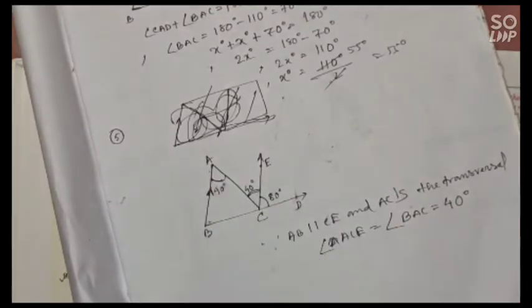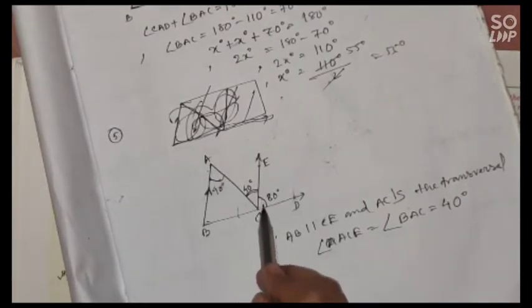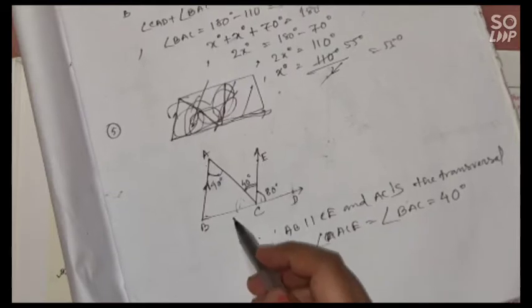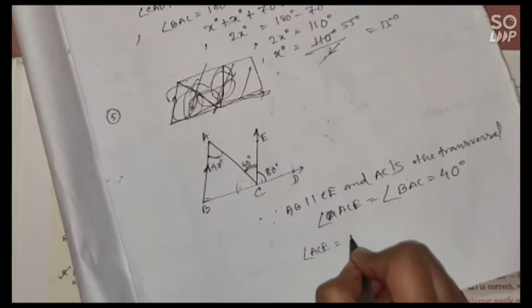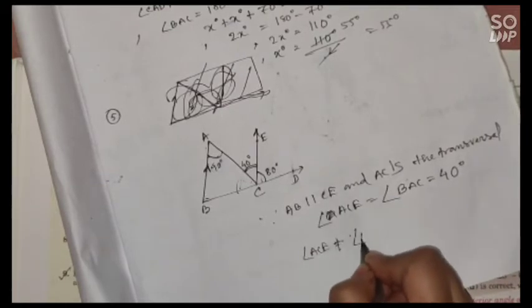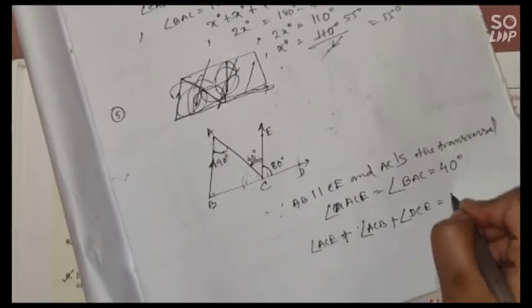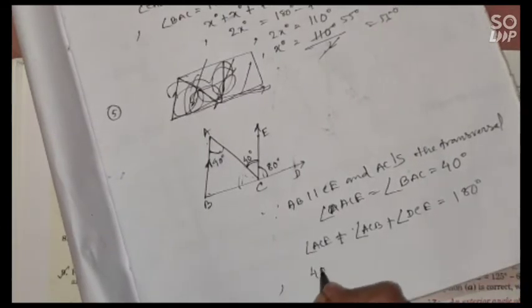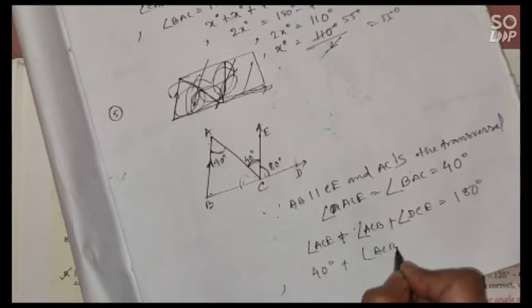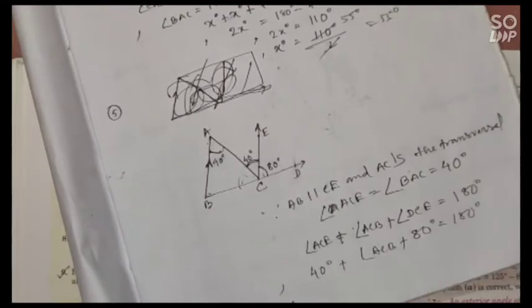This is 40 degrees. And angle ACB and these three angles form a linear pair. So angle ACE plus angle ACB plus angle DCE equal to 180 degrees. So ACE is 40 degrees, DCE is 80 degrees, 180 degrees.